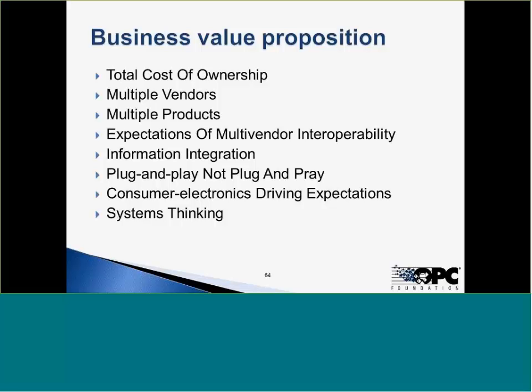So it actually lowers your cost of ownership because now you can pick and choose the best products that meet your needs. And it's about multi-vendor. It's about multiple products from multiple vendors. It's about this whole concept where I talk about expectations of products working right out of the box in a multi-vendor scenario. I talked about information modeling.